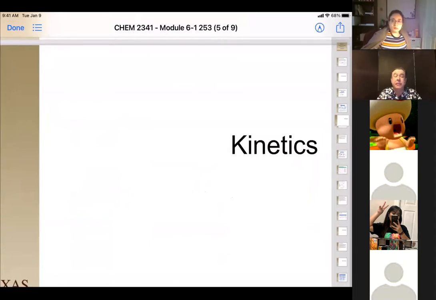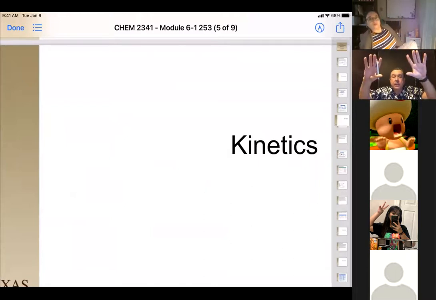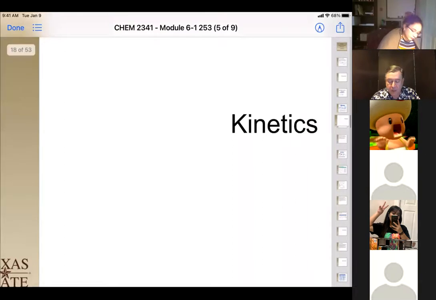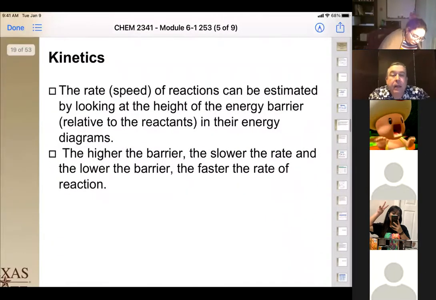Kinetics is all about the speed of the reaction. So we were talking about the potential energy in an equilibrium in thermodynamics. Now we're talking about speed. Okay. So in this reaction, we're talking about the rate or speed, and we can get a prediction of how fast or slow the reaction is going just by looking at the height of the energy barrier.